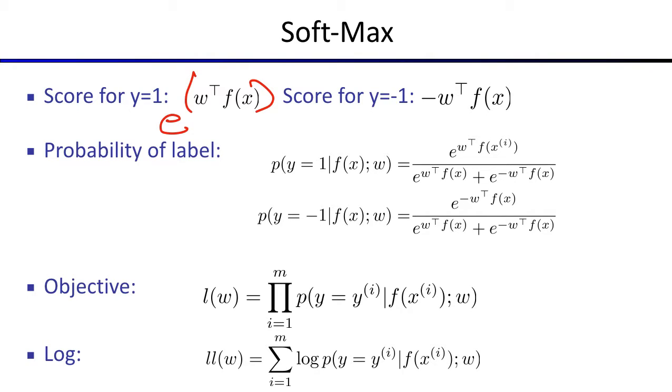And now we have two positive numbers. They don't necessarily sum to 1. We want our probability distribution to sum to 1, so we're just going to take these two numbers and normalize. And so this gives us an output from our perceptron, or our deep neural network if we have one, that looks like this.